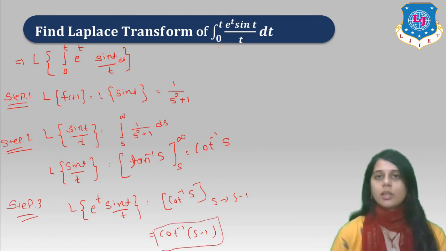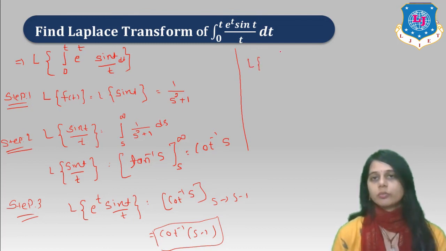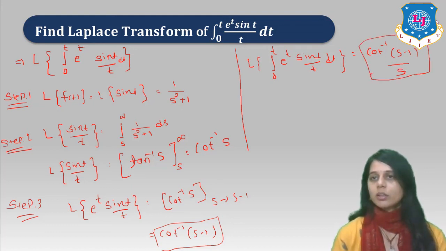Now, the last step, Laplace of integral 0 to t e raised to t sin t by t dt. So the answer is cot inverse of s minus 1 upon s. Due to the integral, we divide by s. So this is your answer.